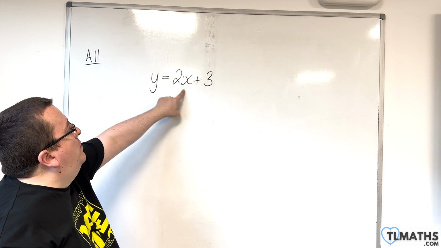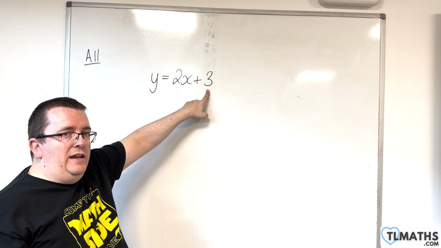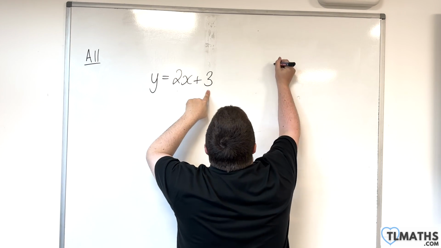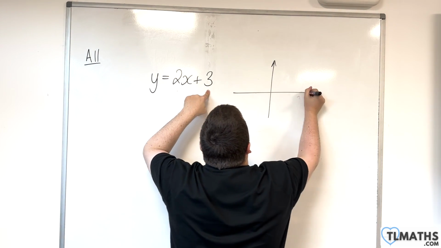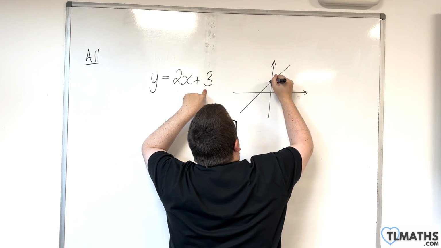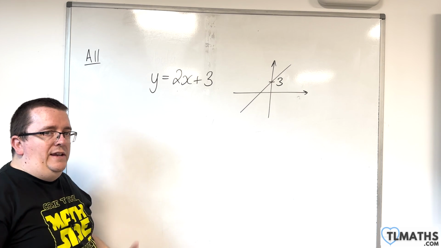When an equation is written like this, it's quite clear as to what that value is. So in this case, that would be 3. So I know that this is going to be a line with positive gradient going through 3 on the y-axis. That's the y-intercept.